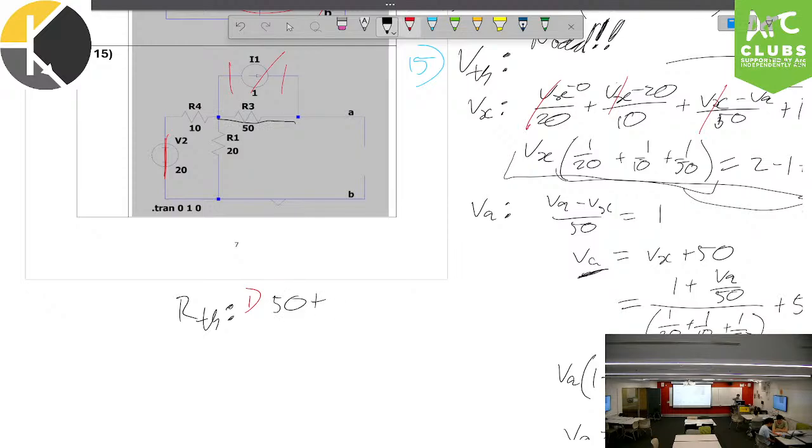What am I adding to it in series? The parallel of 10 and 20, right? So 10 parallel 20. That was an atrocious 20. All right, there we go. Good stuff. All right. Fantastic job, everyone.